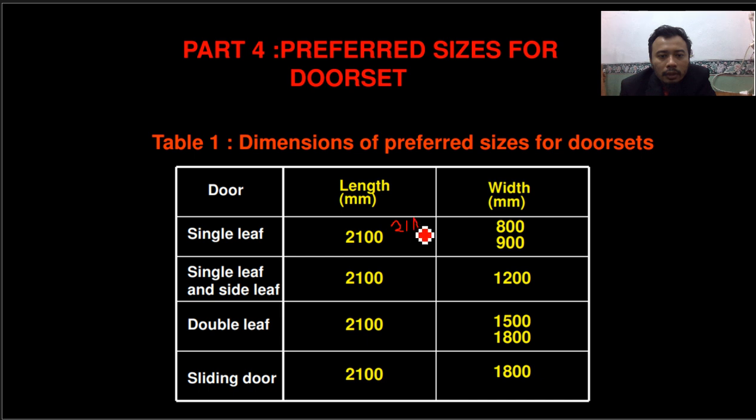In modular value, this is 8 m. So m is not meter but 100 millimeters. It's not 8 meters but it is 8 m. This one is 115 m.